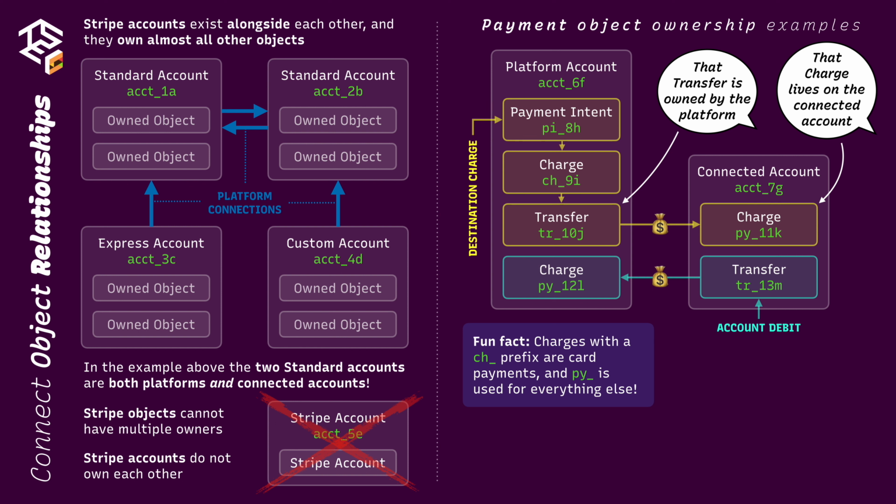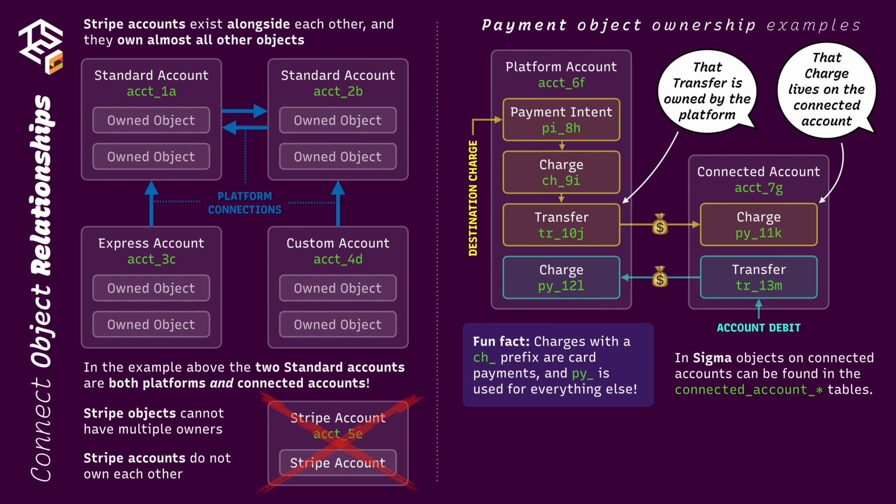These objects are doing the same jobs as before. The transfer represents money moving out of an account and the charge represents money coming in, but the flow is reversed, so the location of the objects is also reversed. The objects in this example exist on 2 different accounts, so you'll find them in different places.